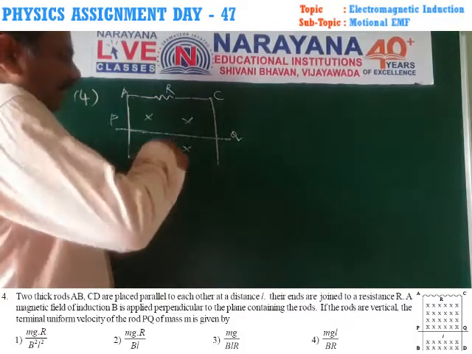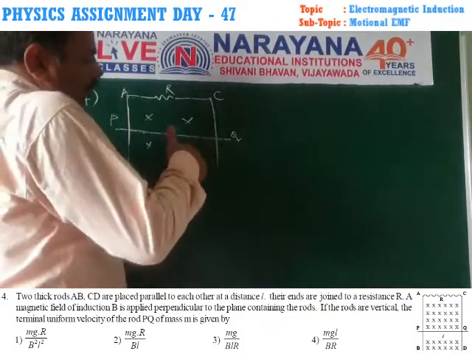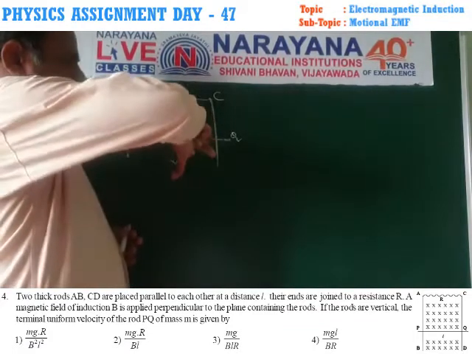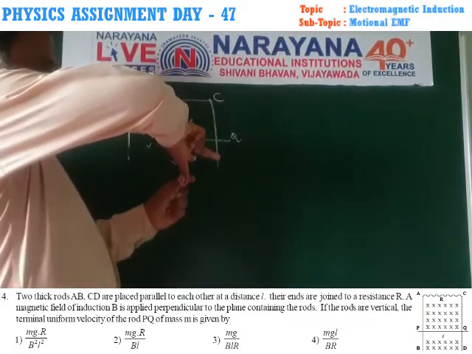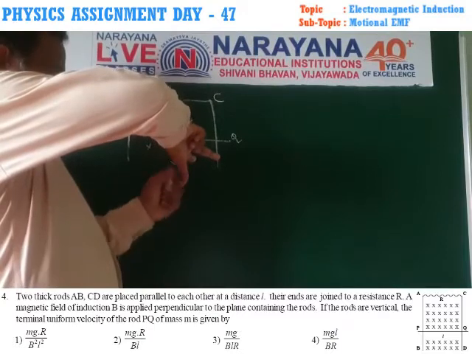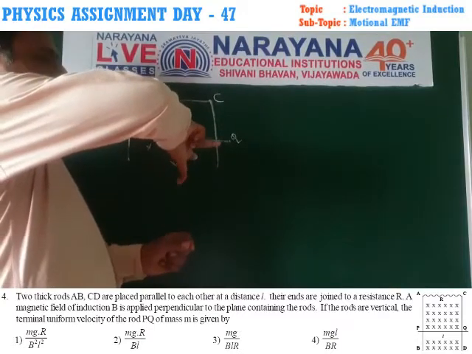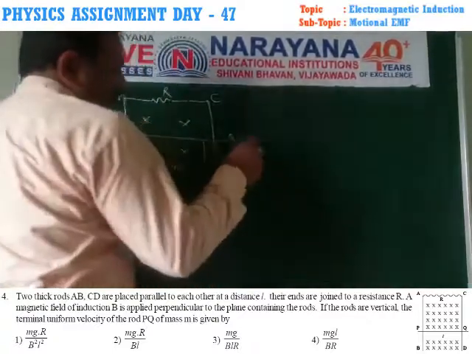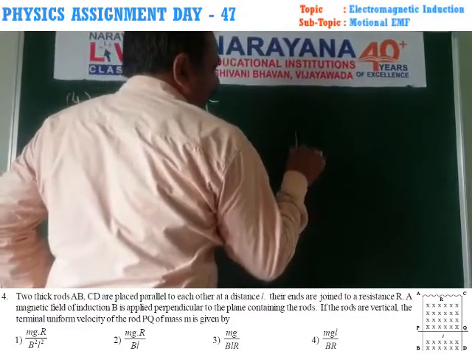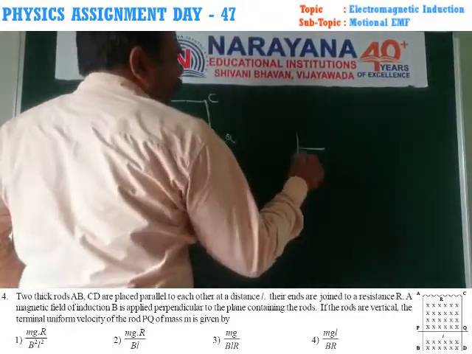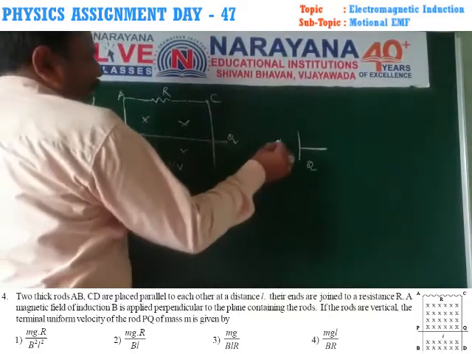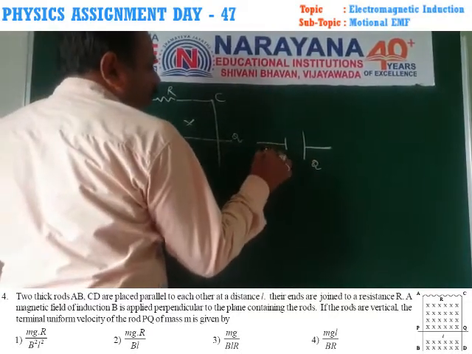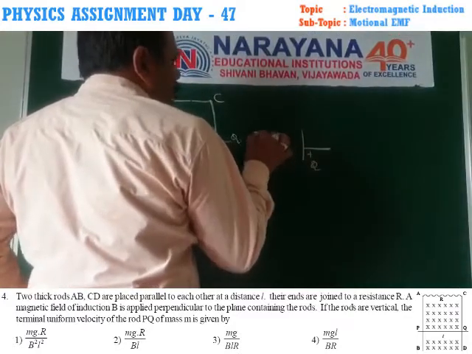According to Fleming's right hand rule, with the inward magnetic field and the conductor moving downward, the middle finger shows the higher potential. The current is flowing like that. Point Q is higher potential and point P is lower potential.